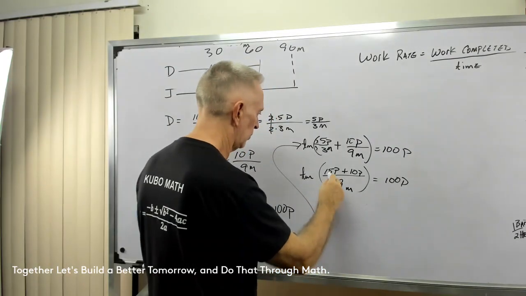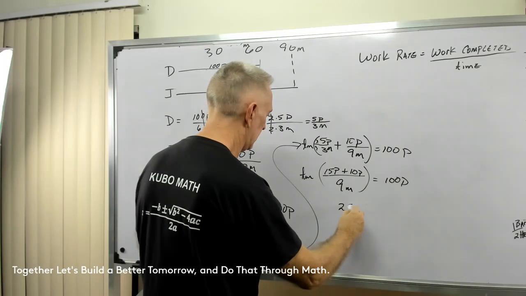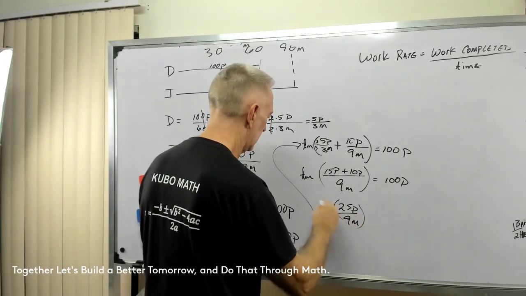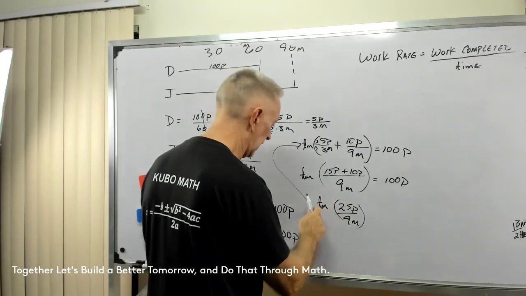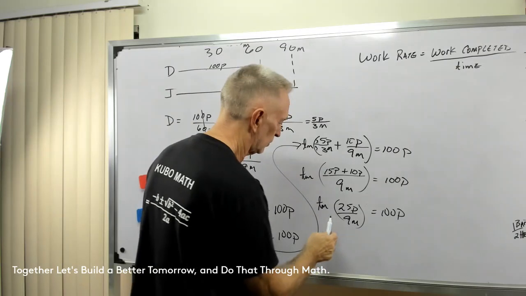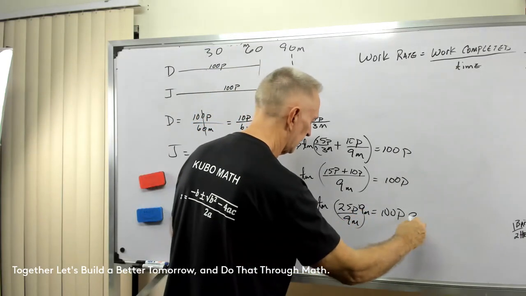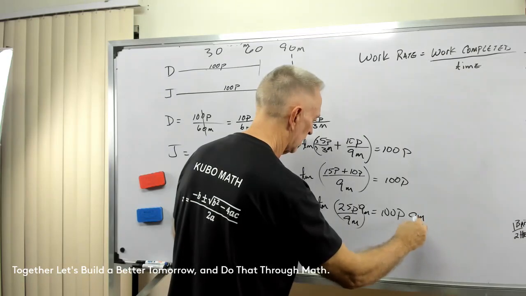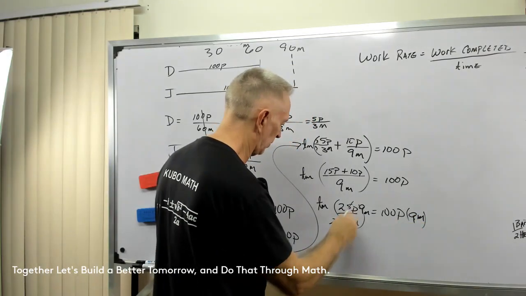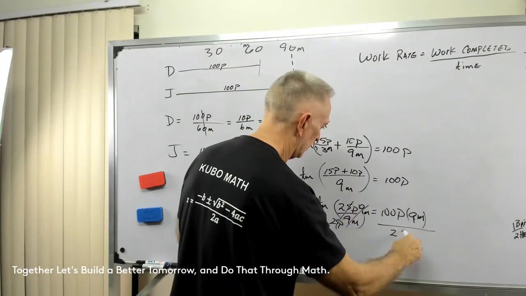So we have 15P plus 10P is 25P over 9 minutes, times time in minutes, equals 100 papers. So if I multiply by 9 minutes and divide by 25 papers, those cancel out.